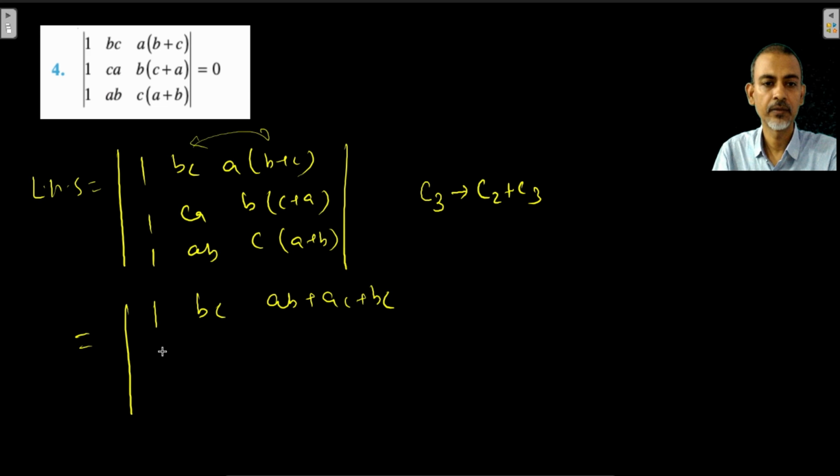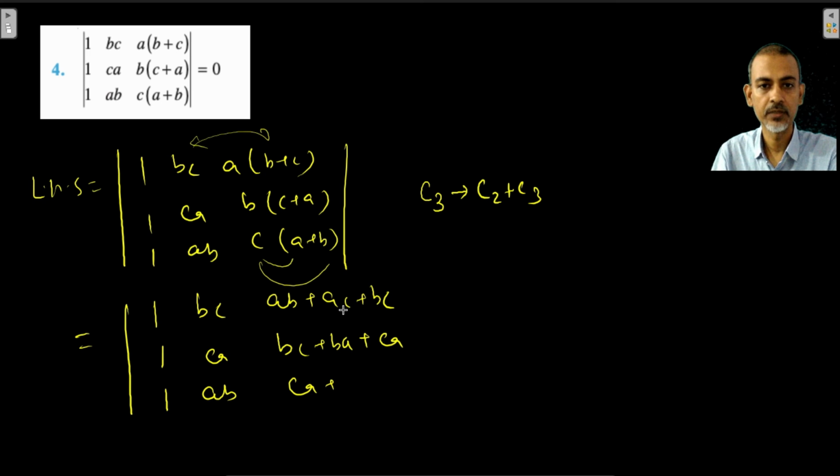The second one will become 1, CA, and then BC plus BA. So I am just multiplying this first and then adding it plus CA, and the third one will become 1, AB, CA plus CB plus AB.